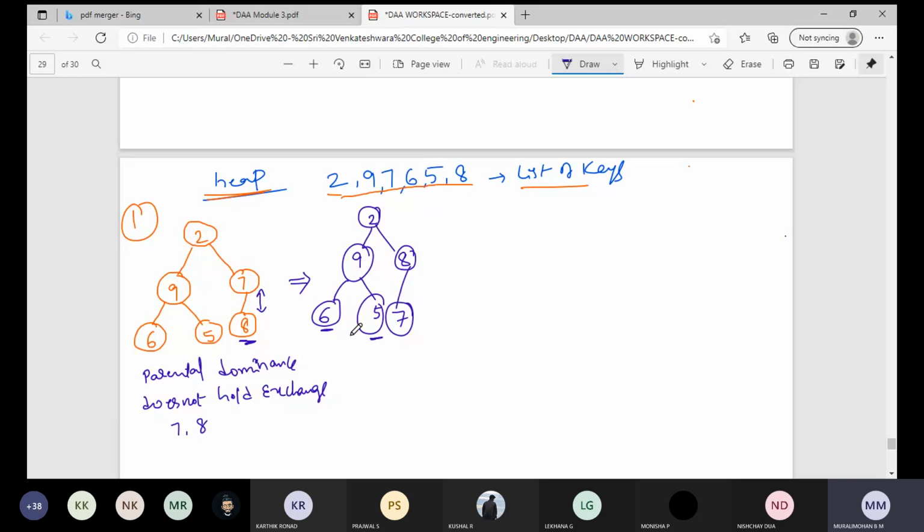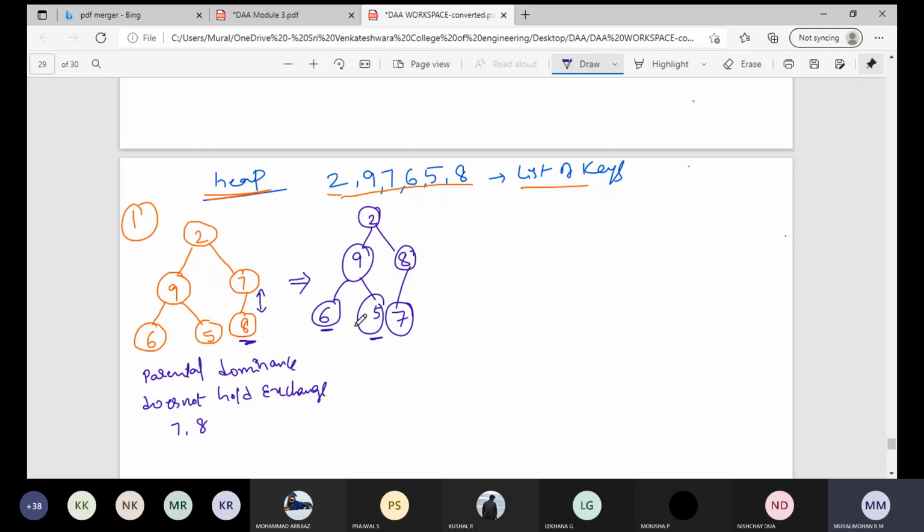Next is what? 9 to 8, 9 to 2. So here the next node is 8, right? Are you getting it? Just observe here.